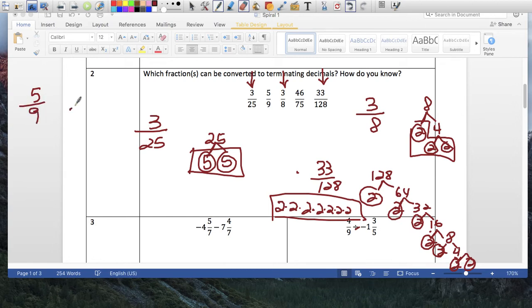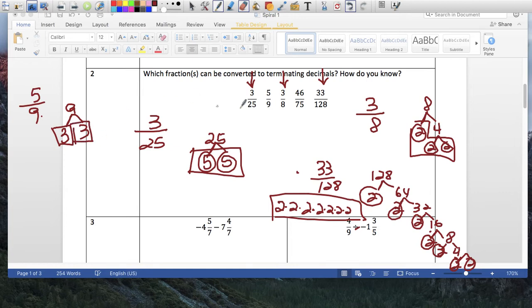So let's look at 5 over 9. If you broke the denominator 9, you would get 3 and 3, right? So 9 as a product of its prime factors is 3 times 3, and it's made up of the prime number 3.